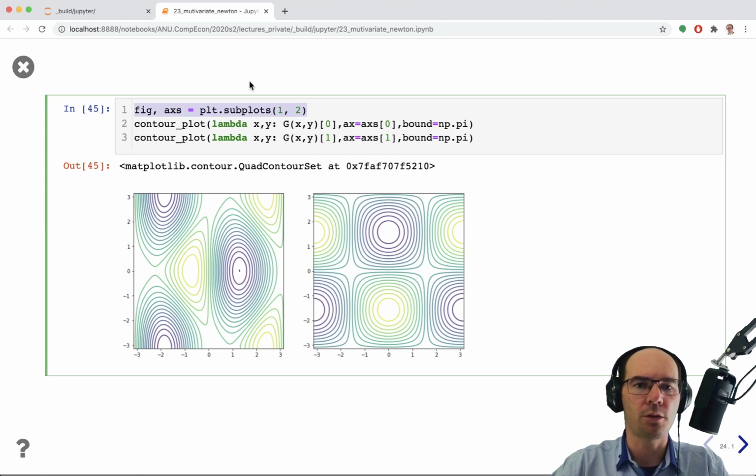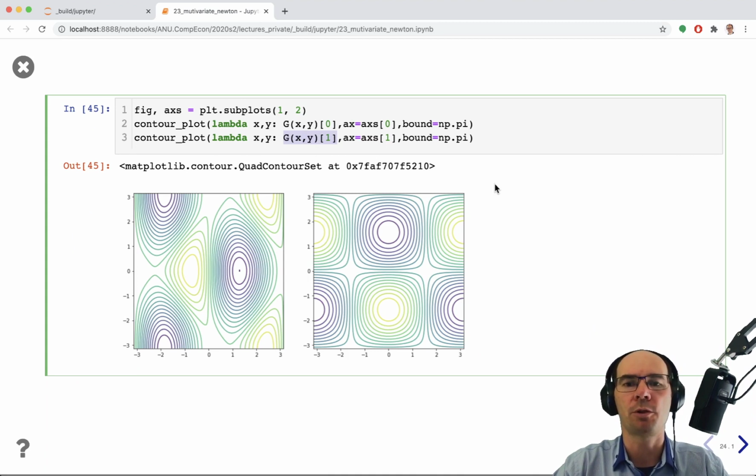I've created two axes here with the subplots command from matplotlib. And into the first axis, I'm going to plot the gradient as a function of x, y. But see here, I'm only taking the first element of that list, which we just looked at. And so this is going to be a derivative with respect to x, whereas the second plot shows the derivative with respect to y.